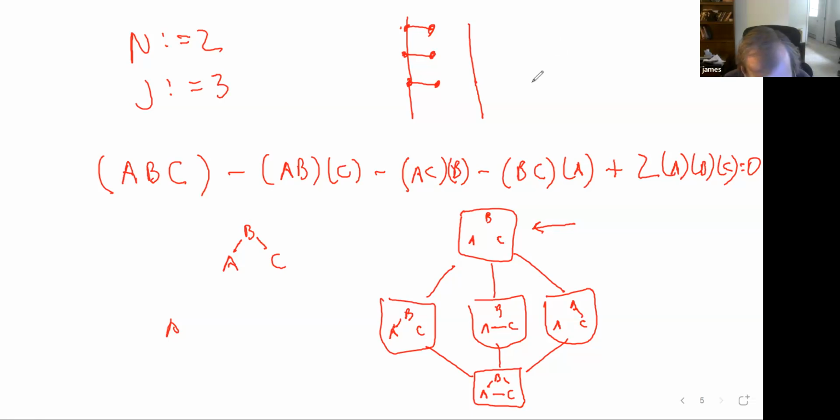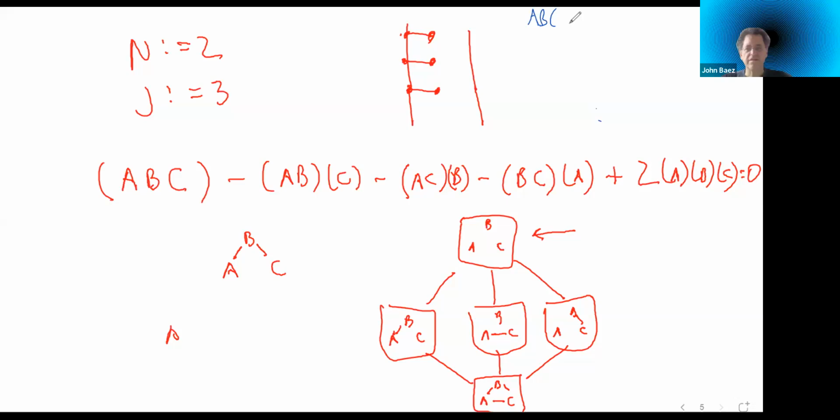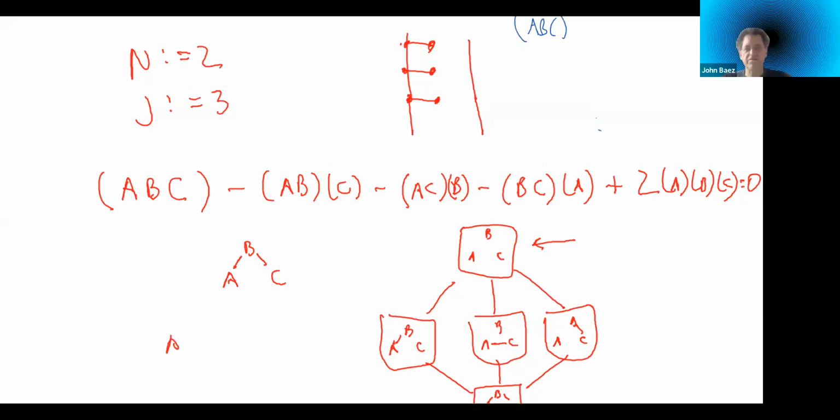So let's see. I'm trying to draw something slowly here. So okay. I'm claiming that there's some kind of thing where this thing you're calling ABC is like this.